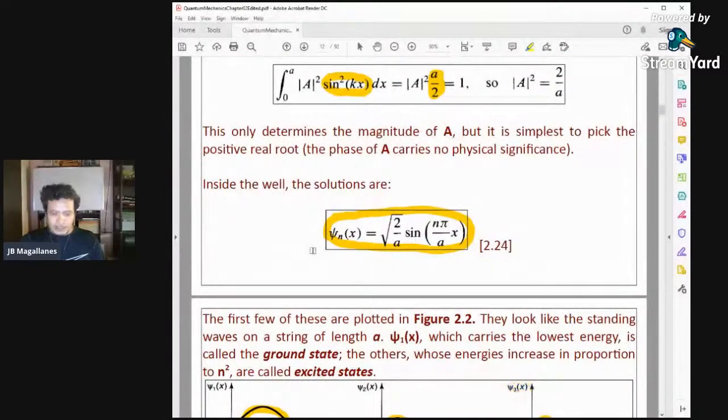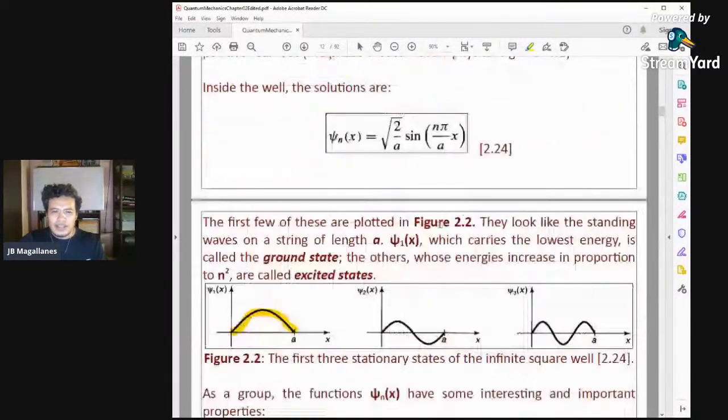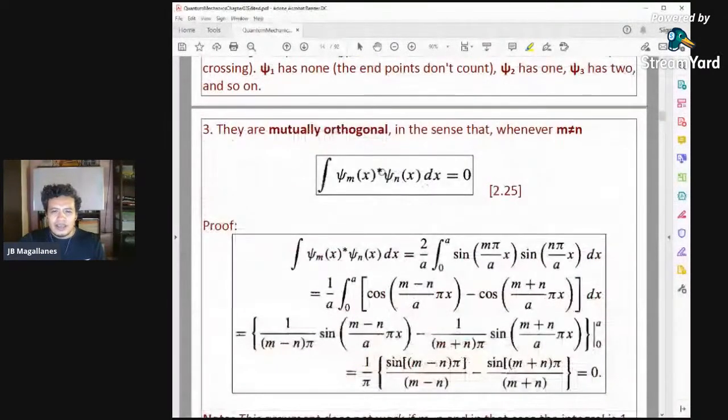The phi n here, say for example, if you have n equals 5 and n is equal to 7, what would that be if you get the integral, the product of the integral, where one is a conjugate?